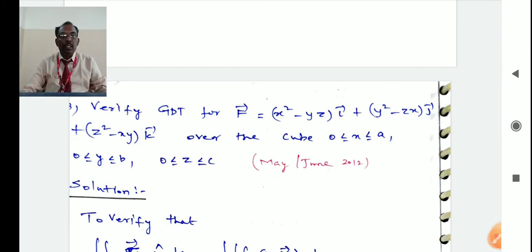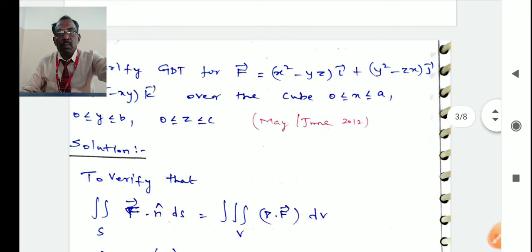The question is, verify Gauss divergence theorem for F vector is (x squared minus yz) i vector plus (y squared minus zx) j vector plus (z squared minus xy) k vector over the cube 0 less than or equal to x less than or equal to a, 0 less than or equal to y less than or equal to b, and 0 less than or equal to z less than or equal to c. Very clear, the length of x axis is 0 to a, y axis 0 to b, and z axis is 0 to c.